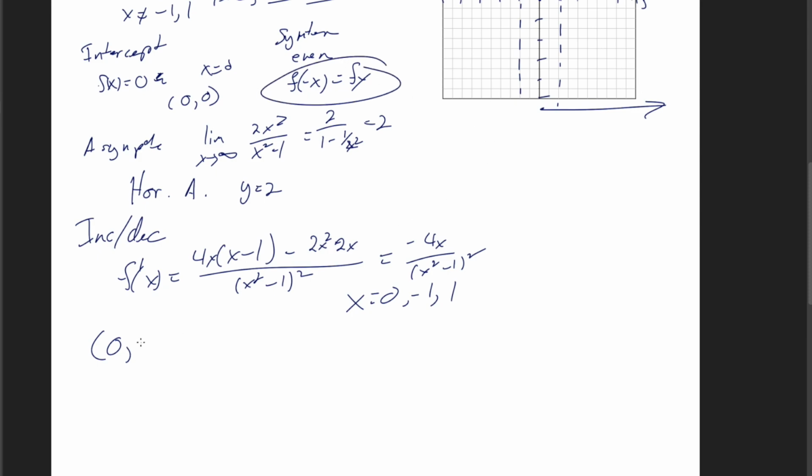It's even, and that's why we find it. So from 0 to 1, I just need the sign of f prime, and then from 1 to infinity. From 0 to 1, if I plug in something like 0.5, this is negative.